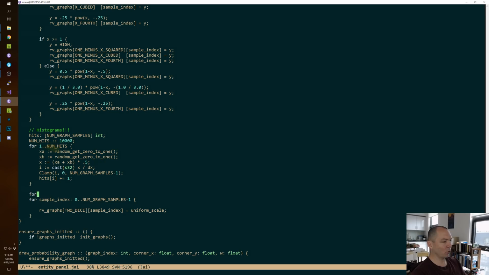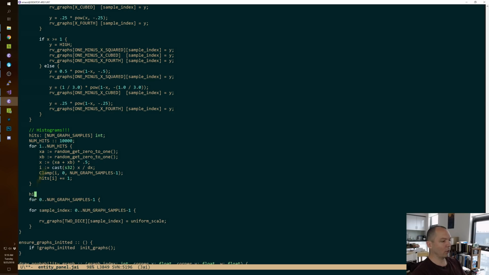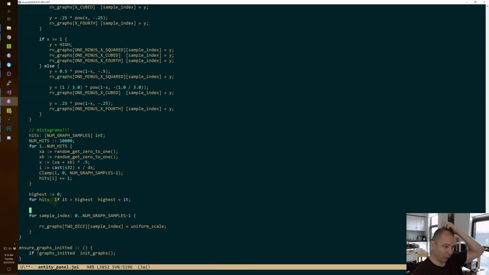So we're going to say highest is 0, right? Actually, we can just say for hits, if it is greater than highest, highest equals it, right? That'll give us the highest value in the array.